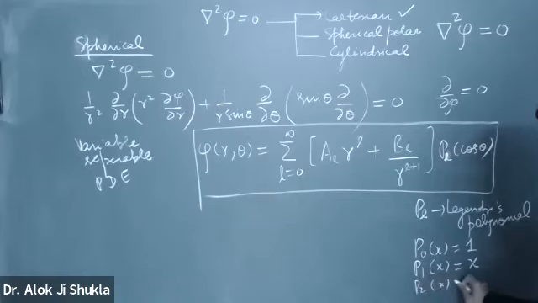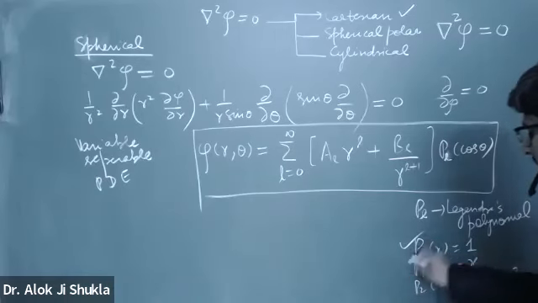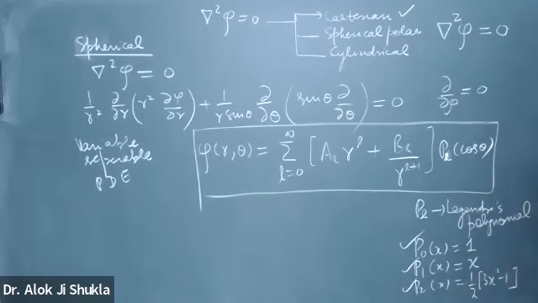P2(x) is half of 3x square minus 1. Just note down this. I will come to details while teaching you Legendre polynomials.